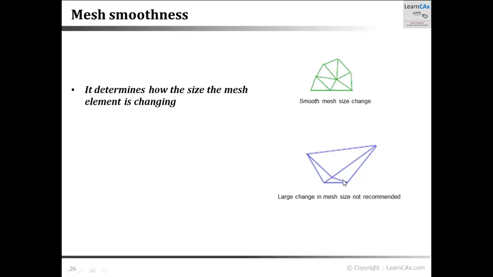Whereas in this particular image, this triangle is very large compared to this triangle. So it is much more than 20%, which means the mesh size is changing abruptly. It is not a smooth mesh, and a smooth mesh is required in order to capture the changes of the CFD results. So we have to ensure that the mesh is of this type but not of this type.